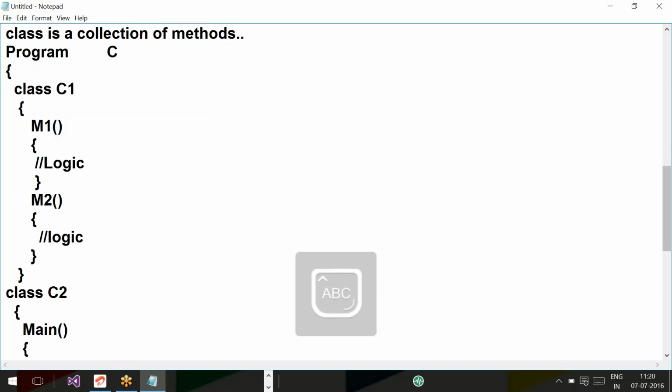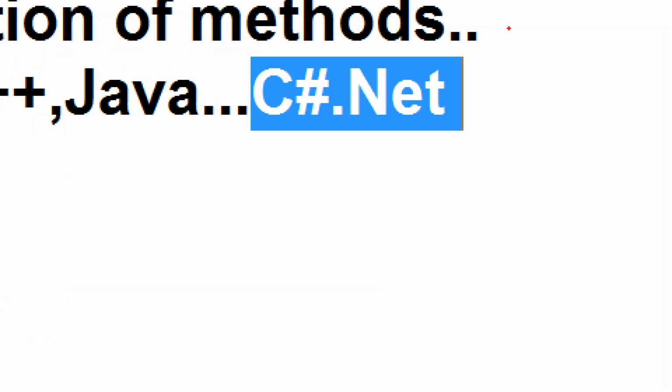In your academics you might have seen that C++ and Java follow this approach. Due to that reason, they are called object-oriented programming languages. Similarly, C#.NET also follows the same approach. Due to that reason, C#.NET is called an object-oriented programming language.